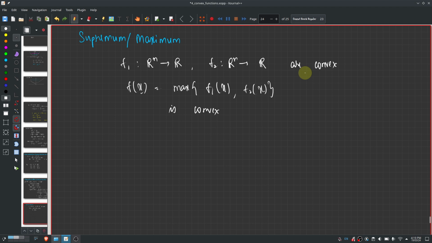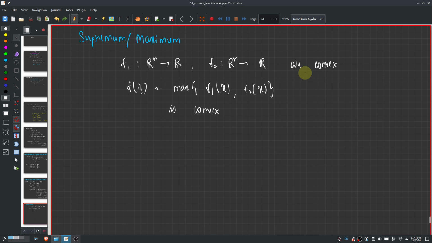Minimum? No. The minimum of two convex functions is not convex. Try to get that directly from this statement. Suppose that f1 and f2 are convex.